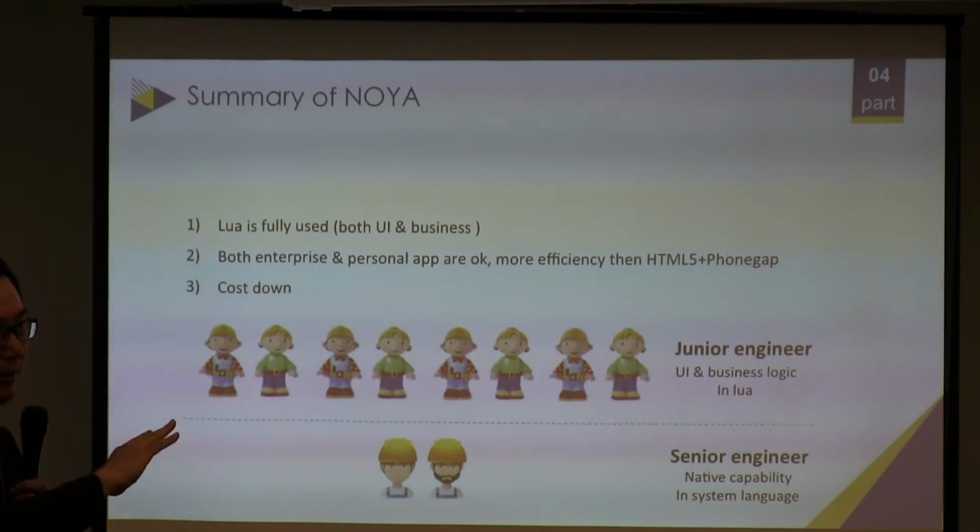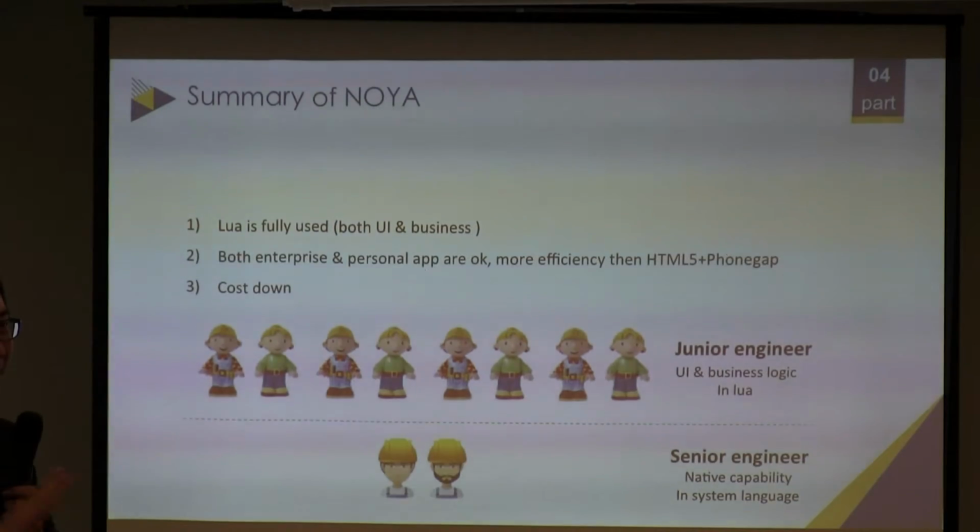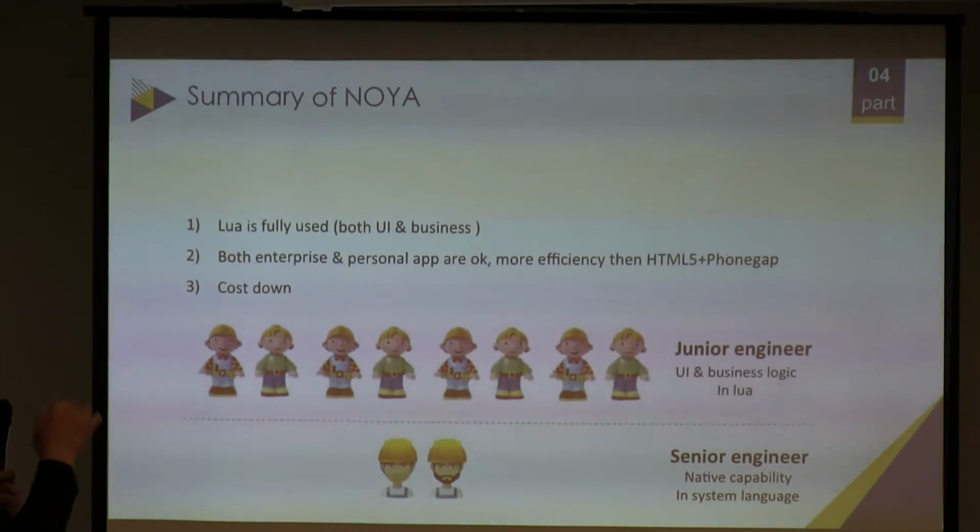One is the junior engineer, who knows nothing about iOS and Android. And the senior engineer is in charge of the network communication and native languages such as Objective-C and Java.